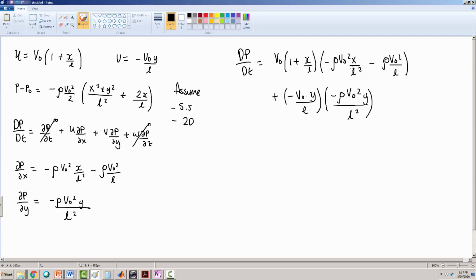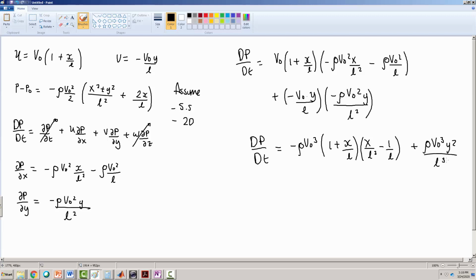Okay, and then if we simplify it, we have that DP/Dt becomes, after a little bit of simplification, minus rho V0 cubed (1 + x over L) times (x over L squared minus 1 over L) plus rho V0 cubed y squared over L cubed.